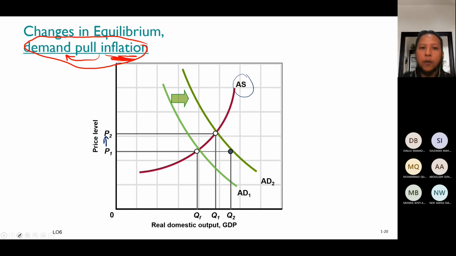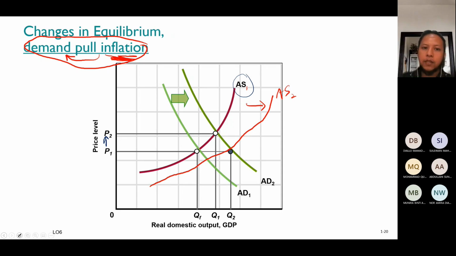Okay, however, you also have to be careful when you look at the change in prices. If aggregate demand increases, but at the same time aggregate supply also increases, aggregate supply shifts to the right. So AS1 now shifts to AS2.